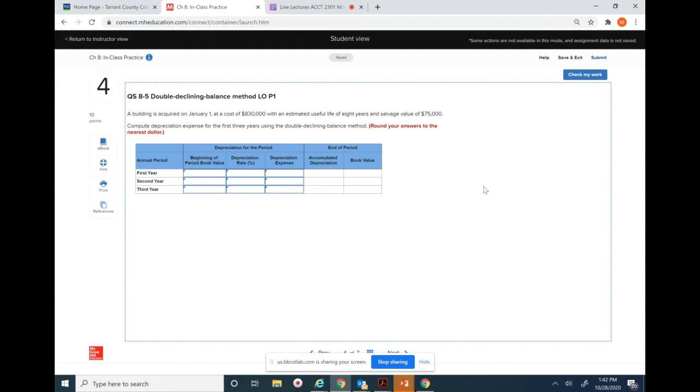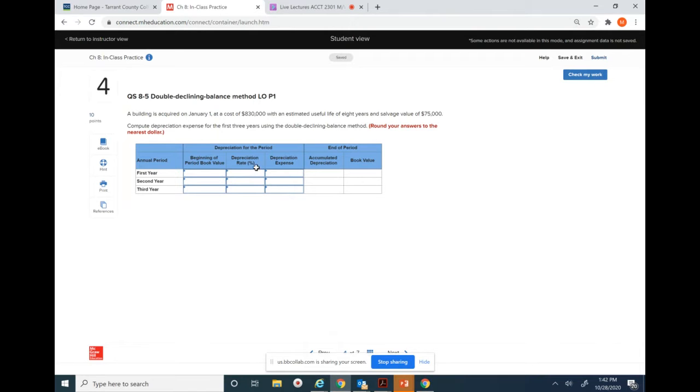So in this case, if we were calculating straight line depreciation, then every year of its useful life, the company would depreciate 1/8. 1/8 is 12.5% of the value of the asset.